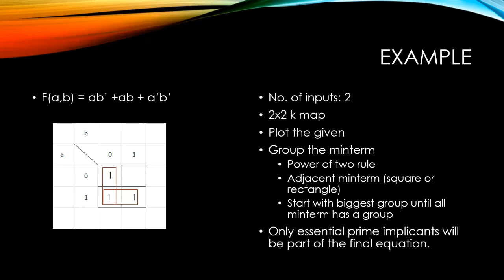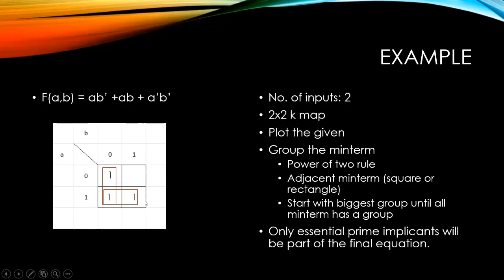Does it have an exclusive min term? Yes, we have this min term, or 1, exclusive to that group. So therefore, this is also considered an essential implicant. So we have 2 essential prime implicants, 1 and 2.